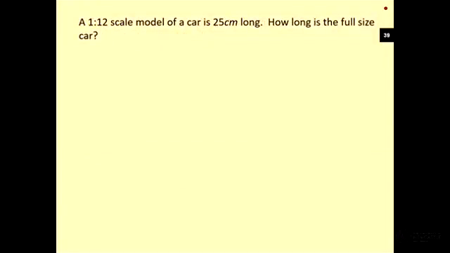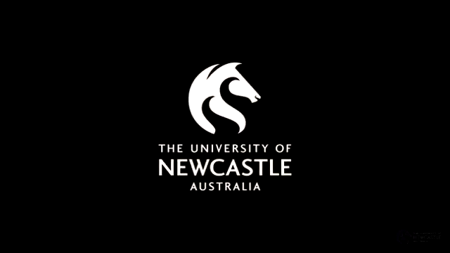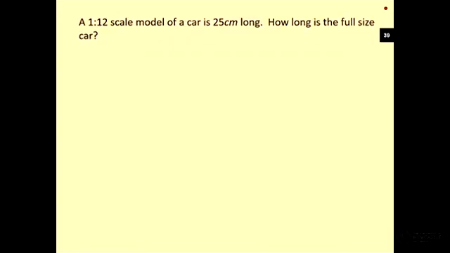So last one here, I think, just checking. Last two, okay. A 1 to 12 scale model, again, my tactics don't change. Scale to actual is 1 to 12. The model of the car is 25 centimetres long. That's not the real car, it's the scaled car. How long is the full-size car? 3 metres.